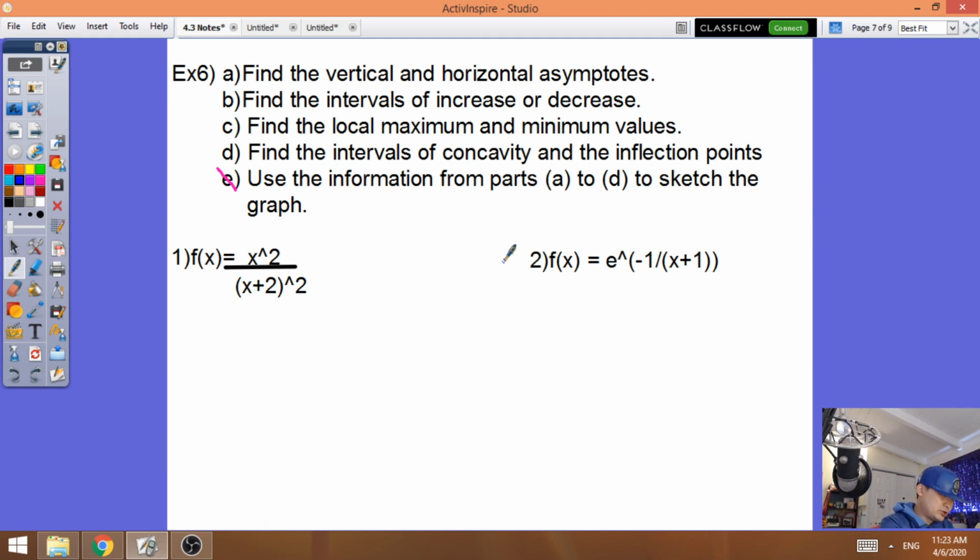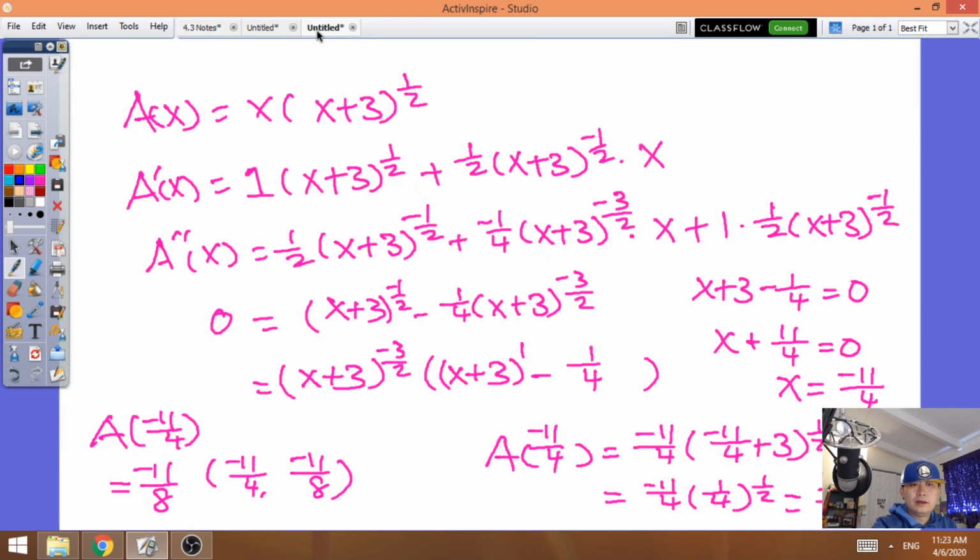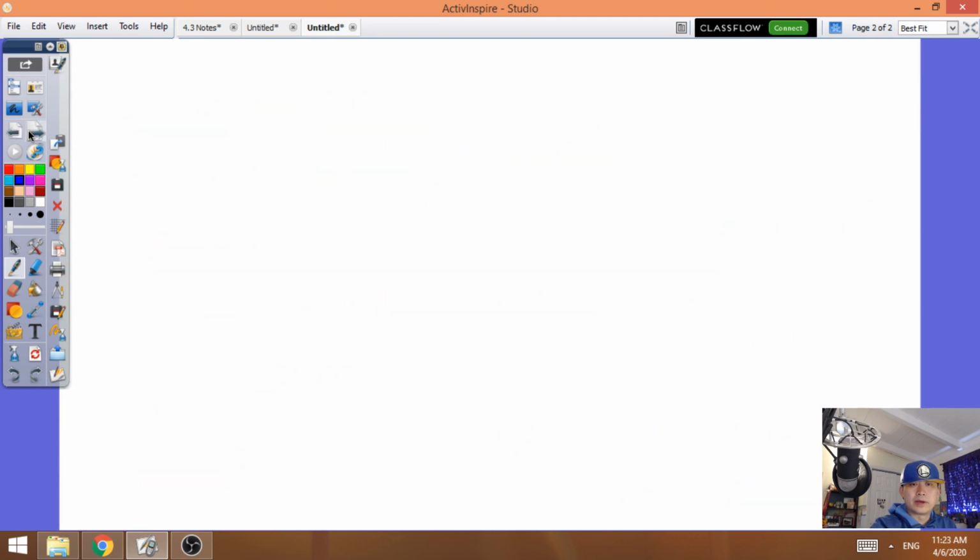Let me transfer this one to the next slide because we need more space. What we have here for f of x, part A, is rational overall, but the inner function is quadratic.